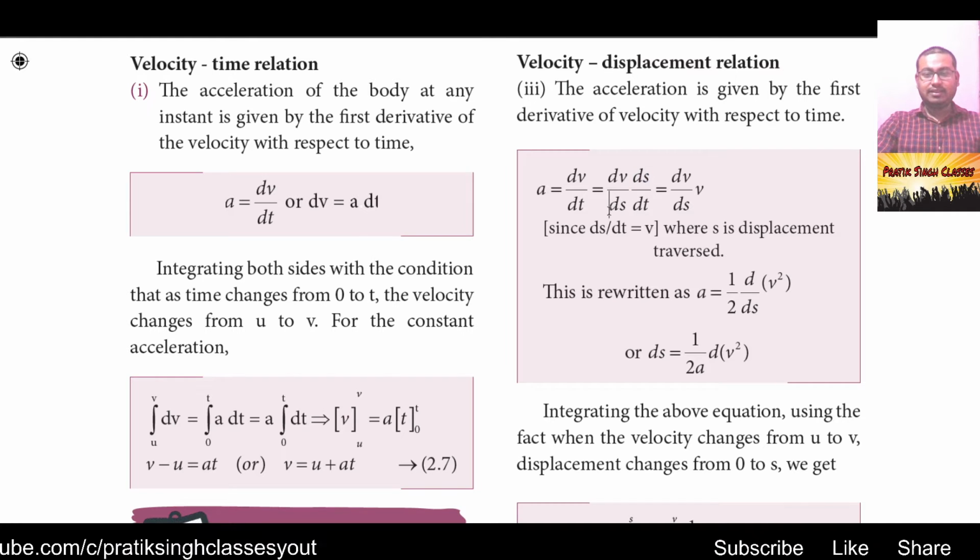As you can see here, multiplying and dividing by ds, it will cancel out and again we will get dv by dt. So here ds by dt is equal to v, and we will get acceleration a = v into dv by ds.